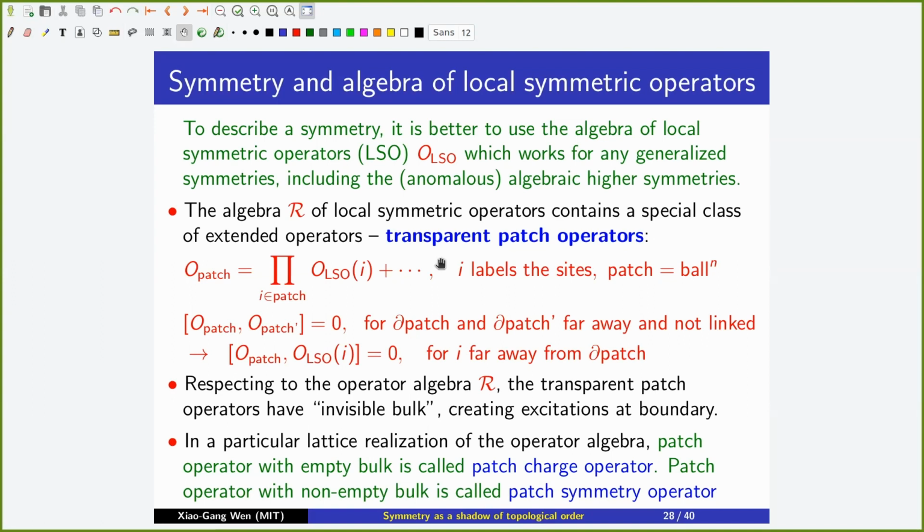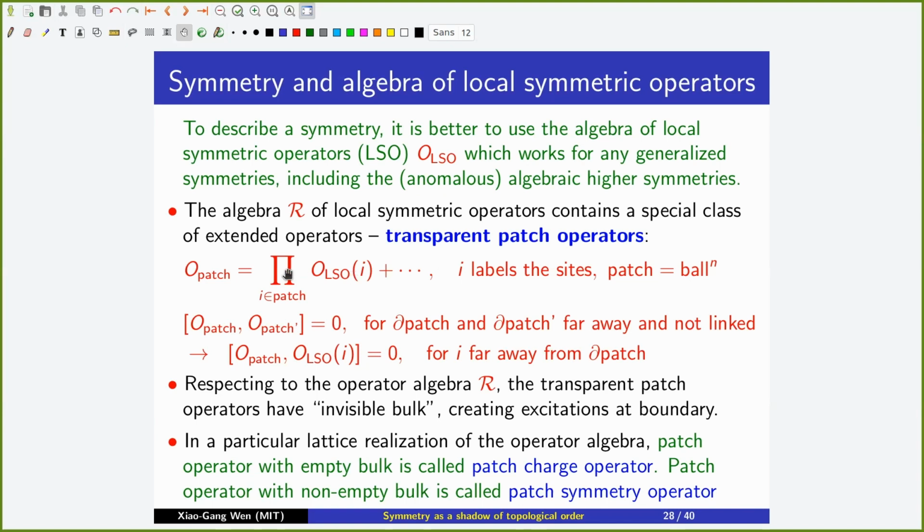When the string operator is very short, with anyon and anti-anyon at the 2 ends, it's like a local symmetry operator. But when you put the string operators together, you produce a long string operator where the 2 anyons are very far apart at the ends. But the middle of the string is unobservable. Only the 2 anyons at the ends are meaningful. So this is a way to use operator algebra to achieve fractionalization by constructing a long string operator where the ends of the string can be non-trivial anyons or non-trivial symmetry charge, etc.